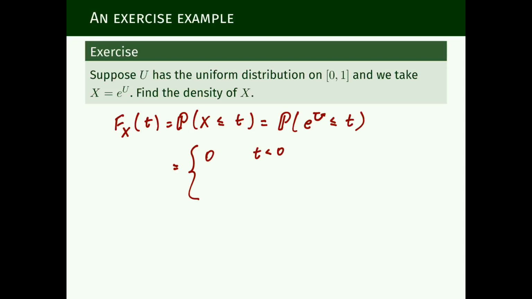This is 0 when t is even less than 1. Okay? When t is less than 1, how can an exponential be less than 1? Well, we need U to be non-positive, and this has probability 0.